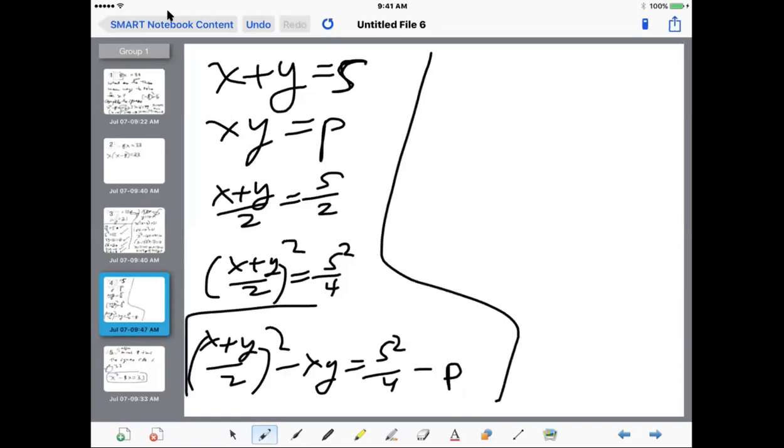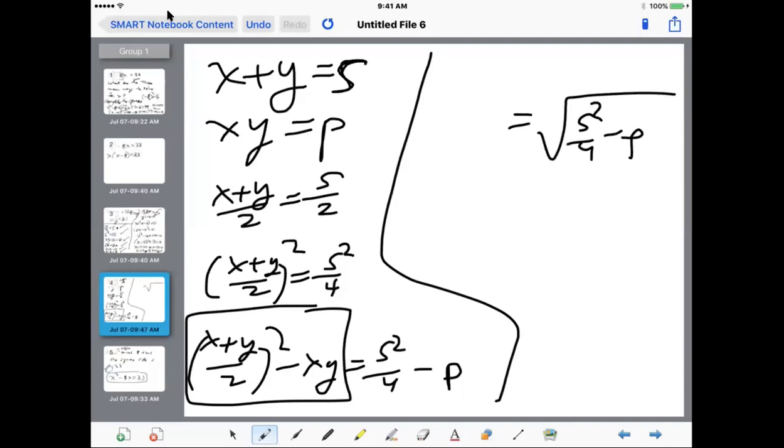This expression, before I just throw a square root around it, the square root of S squared over 4 minus P, starts to look like the quadratic formula. Yes, I could write it like this, but that does not give the insight.